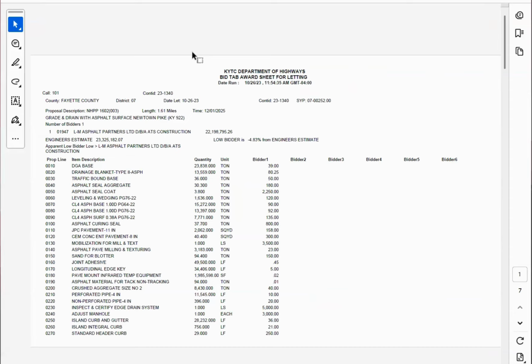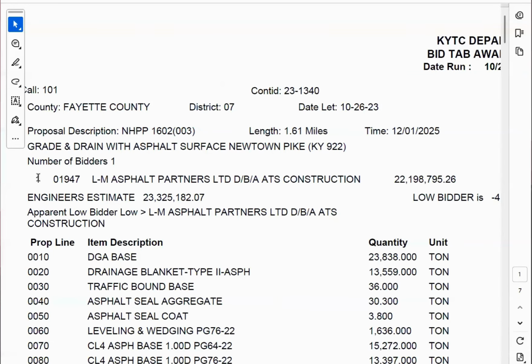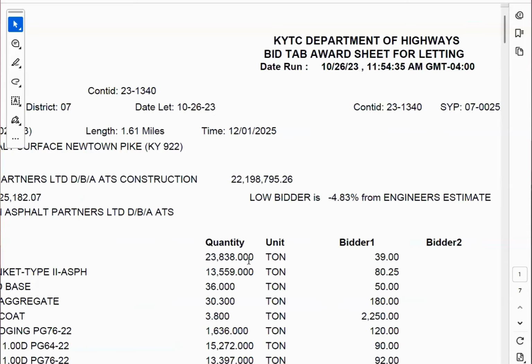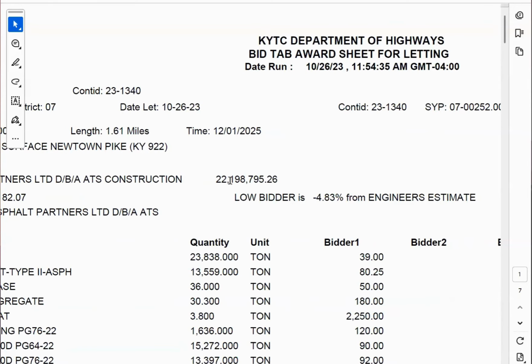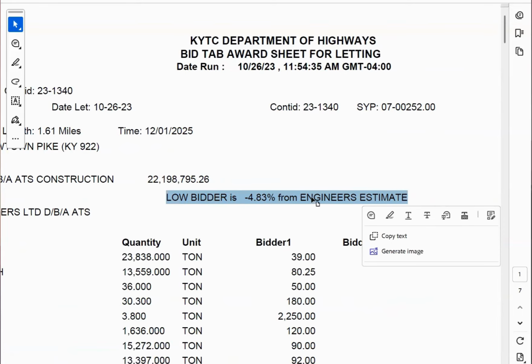They produce a giant document with every single project, and if there had been multiple bidders, it would show bidder number one, bidder number two. This one only had one bidder. It's LM Asphalt Partners doing business as ATS Construction, and their bid amount was $22,198,795.26.